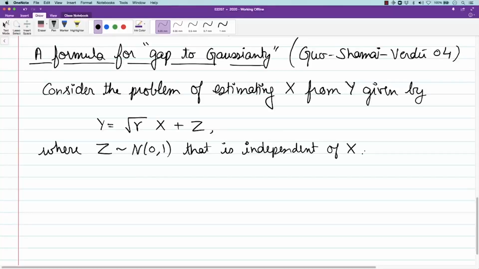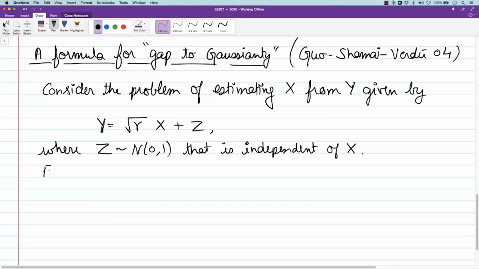Okay, so x can have any distribution. X is a real valued random variable, and we look at this observation y, which is some scaled version of x plus some Gaussian noise. We want to estimate x from this noisy measurement, and we want to do this under a mean square error criterion.